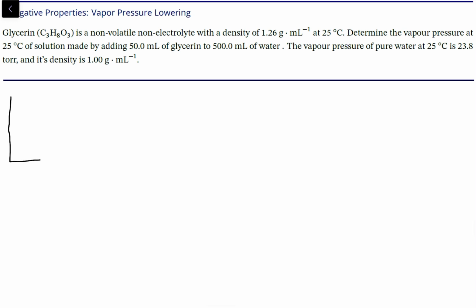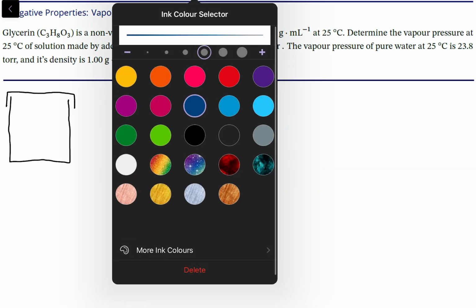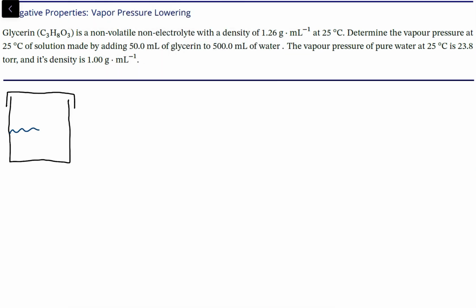Our starting situation is where we only have water. So let's draw a little thing where we cap off our water beaker. So our water beaker is filled with water. So here we have 500 milliliters of water.